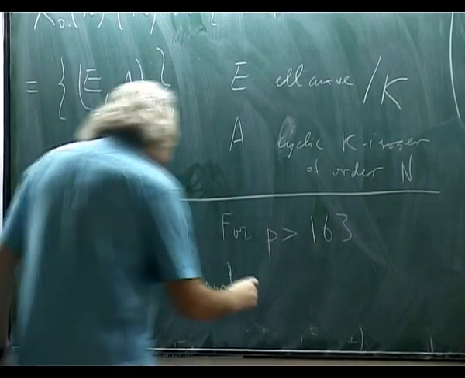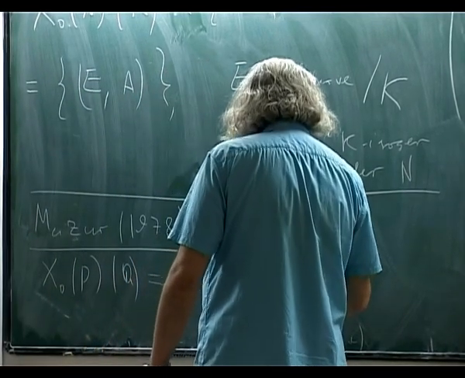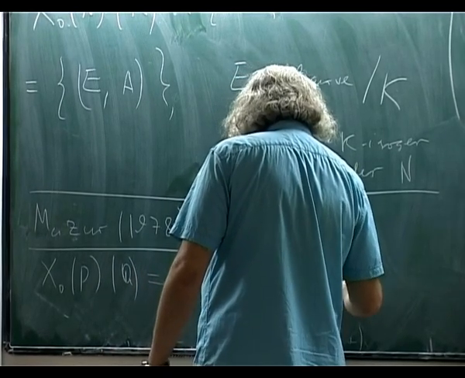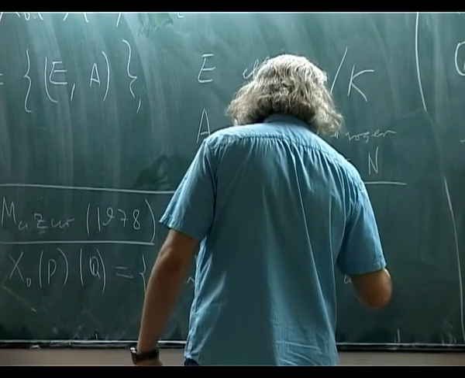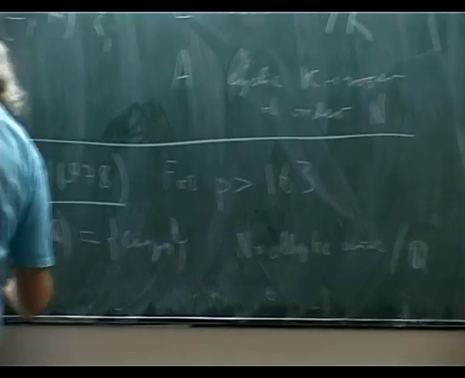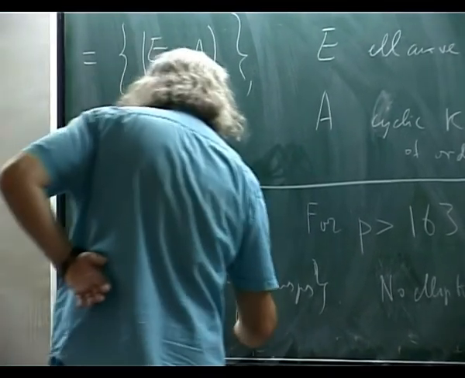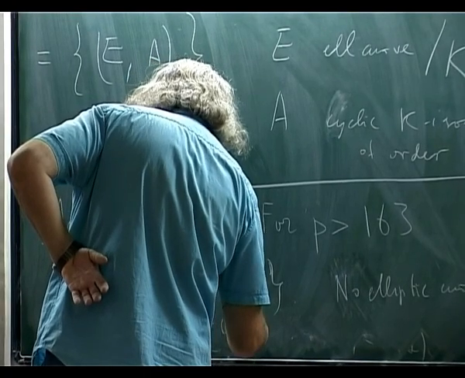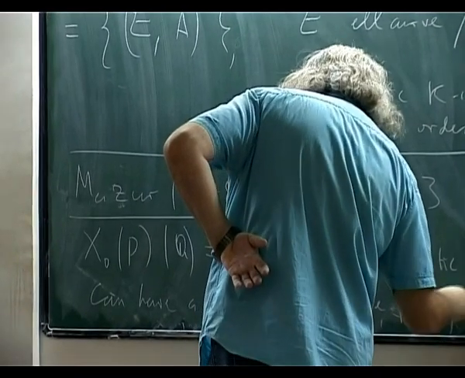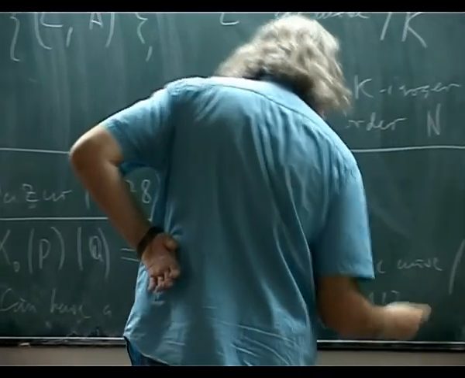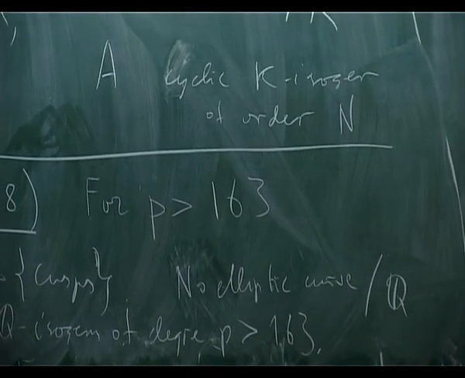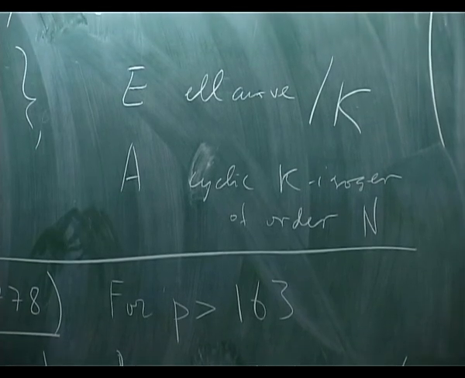In other words, there is no elliptic curve over Q that can have a Q-isogeny of prime degree P exceeding 163. So it is a strong and non-trivial theorem.